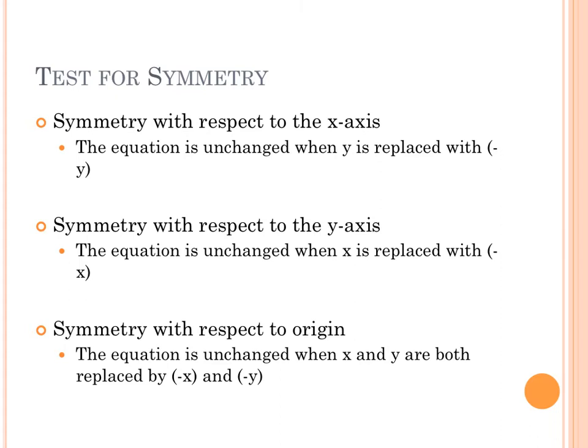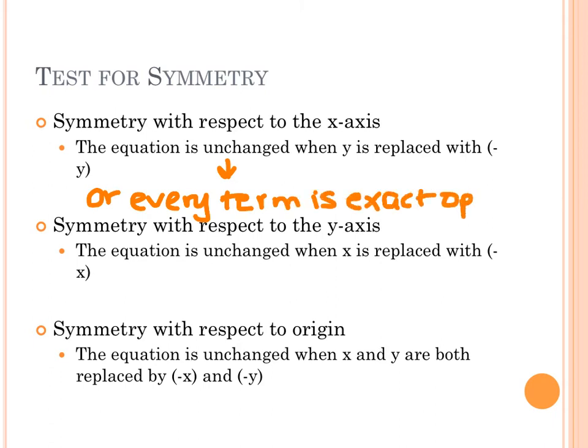If it goes unchanged or every term is the exact opposite, because in that case I could just multiply everything by -1 and get it back to the original. So you just don't have to go through that extra step. So if it goes unchanged once you simplify it, or every single term is the exact opposite, then I can say that it's symmetric with respect to the x-axis.